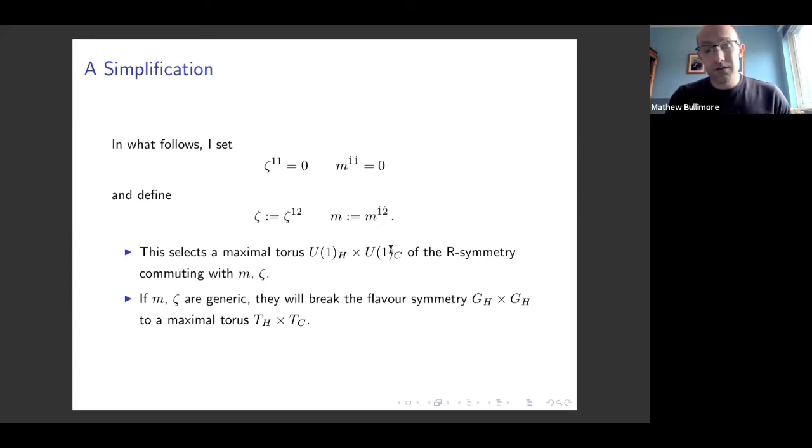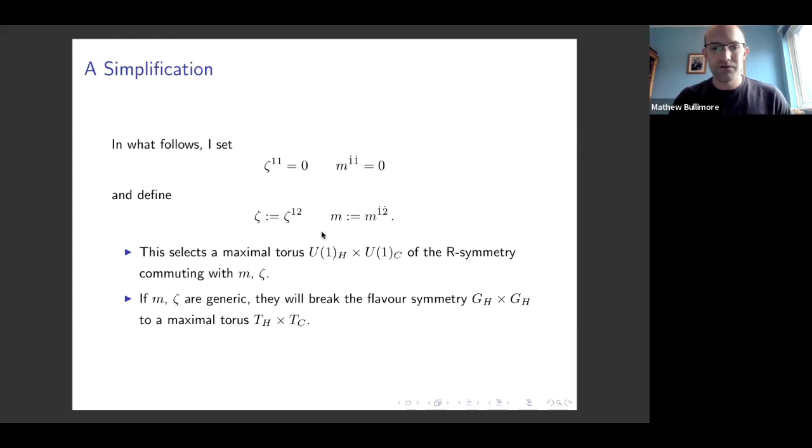Okay, so if I turn on non-vanishing expectation values, just because these things are charged under the R symmetry, then they're going to break the R symmetry, and they'll break it down to a maximal torus. So again, this is like picking a vector in 3 dimensions. If you pick a vector, you'll break SO3 down to SO2 that rotates the vector.